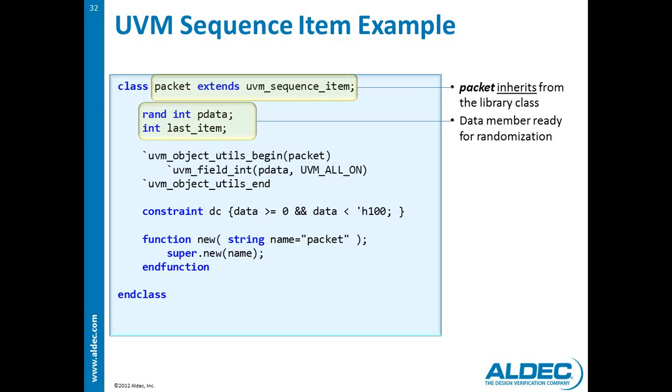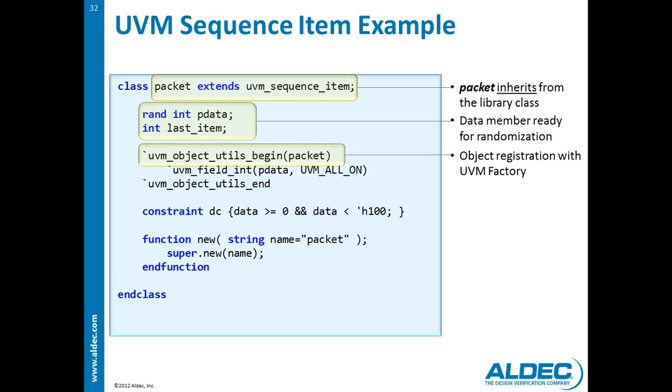And you can create multiple properties, as many as you need. If you need anything to be randomized automatically, of course, you have to qualify it with the rand keyword. So in our case, packet data integer field is randomized. Last item integer field is not randomized.